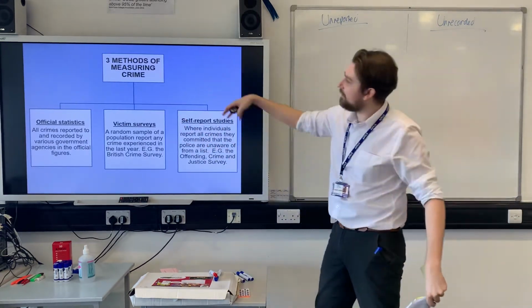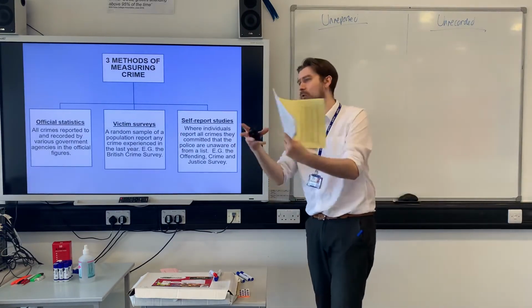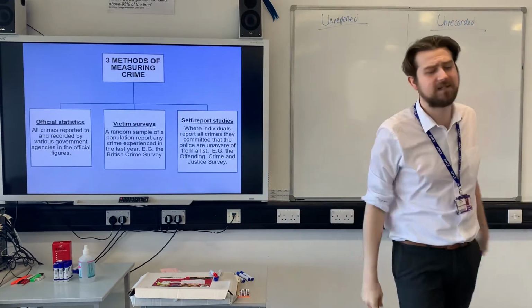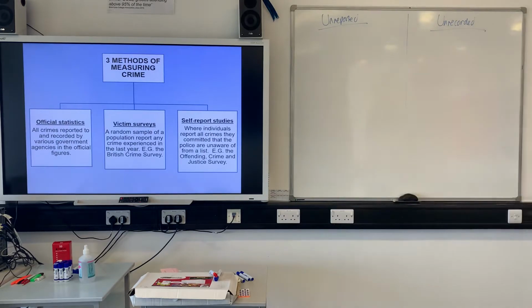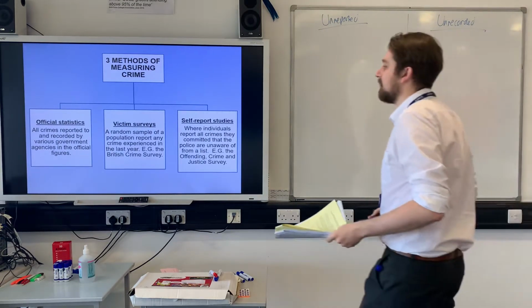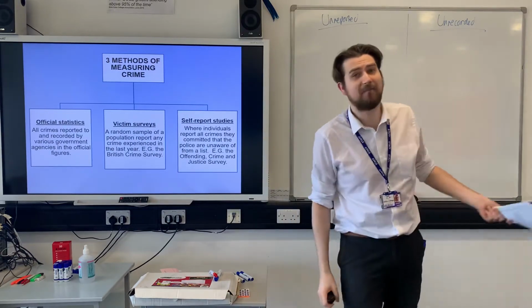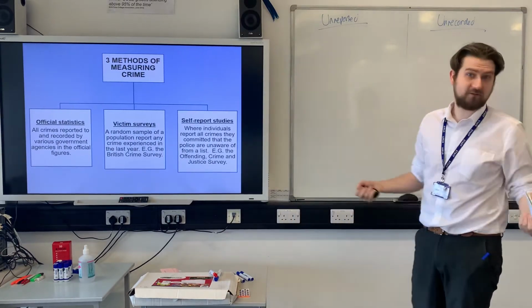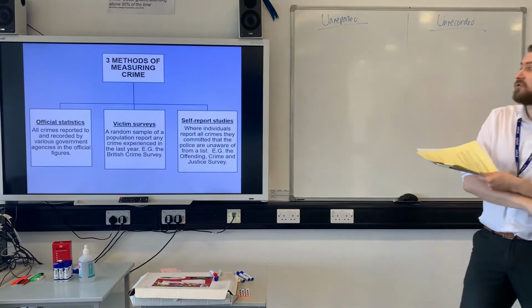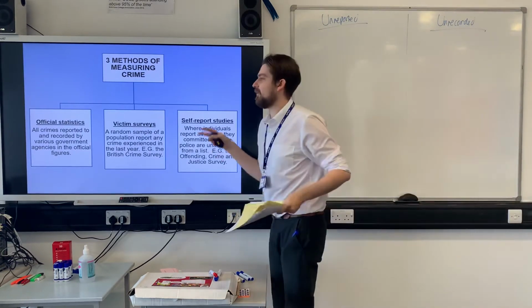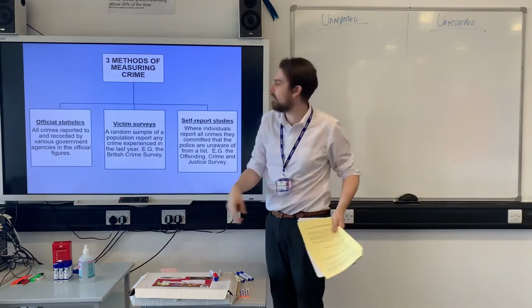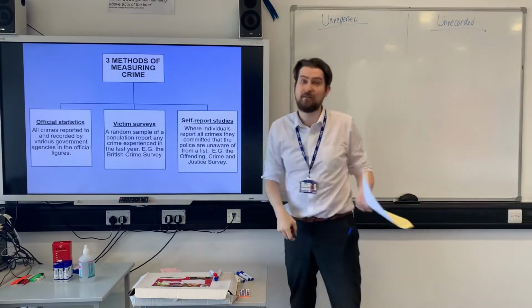So, 3 methods of measuring crime all kind of fused together to give us some statistics, but as we know, they're probably not super accurate. And I've never done a victim survey, and I've never done a self-report study. I haven't met anybody in class yet who's told me that they have done those things. So you might not have any say in any of these because you've never been asked.